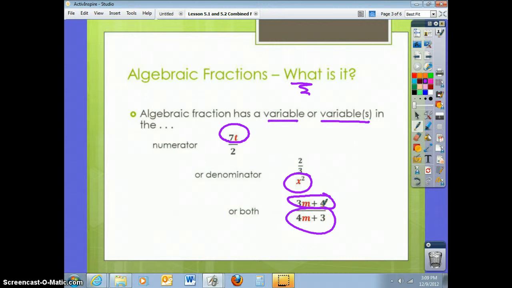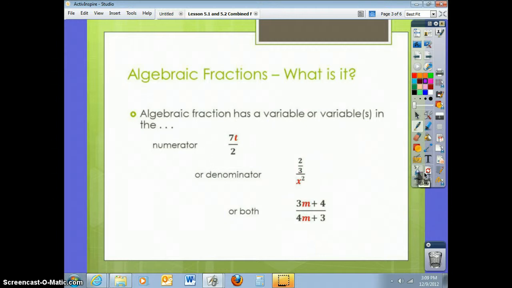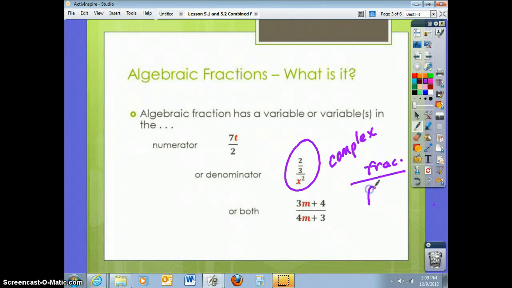So those are algebraic fractions when they have any kind of variable anywhere in the fraction. Now these particular fractions, where there's a fraction within a fraction, are called complex fractions. But don't let it throw you because it's basically just a fraction divided by a fraction, which honestly you know how to do already, and we're going to talk about how you do that algebraically.